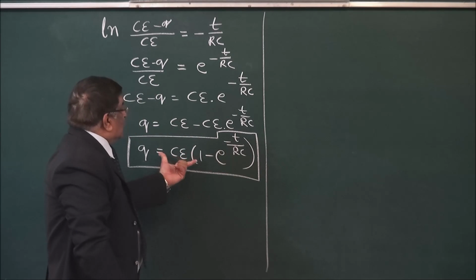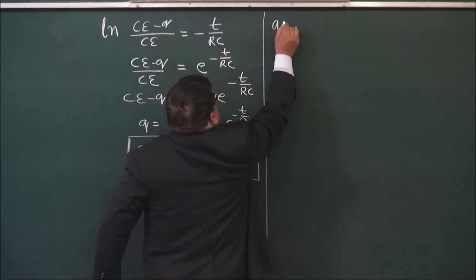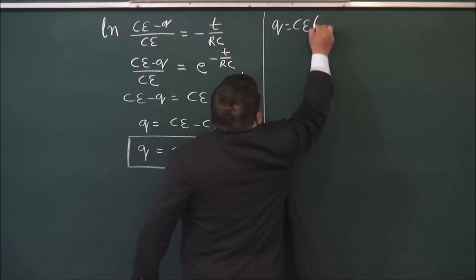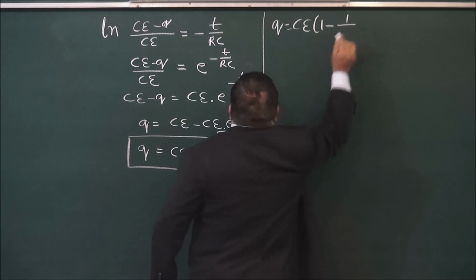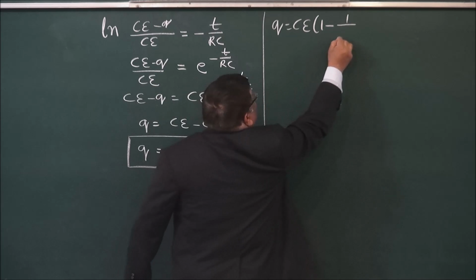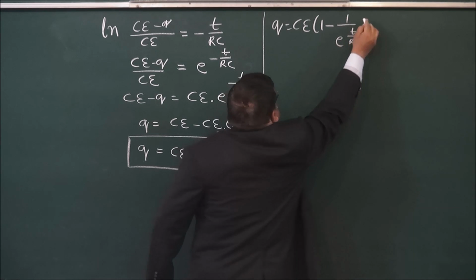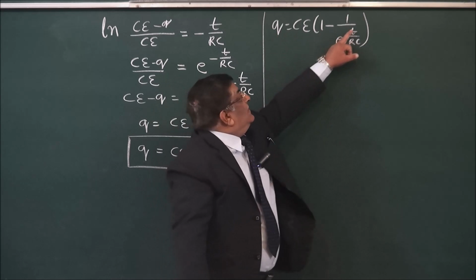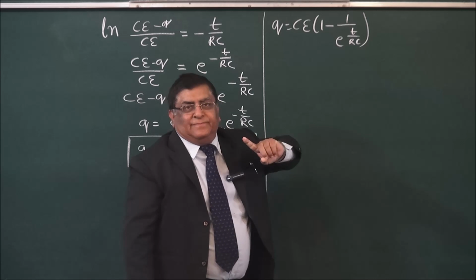If we simplify this a little, then Q is equal to CE times (1 minus 1 upon e to the power t upon RC), because of this minus sign. Now relate Q with t. This CE is what?